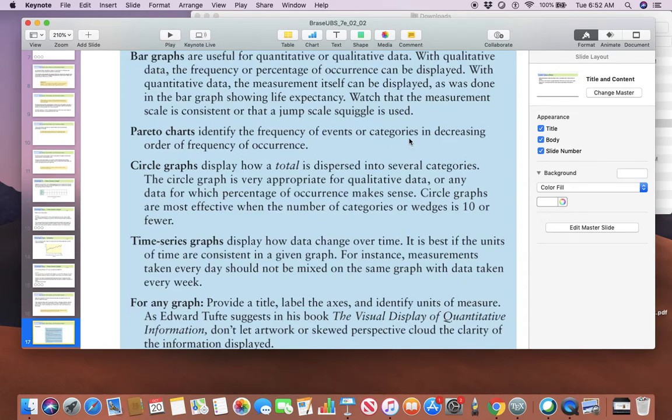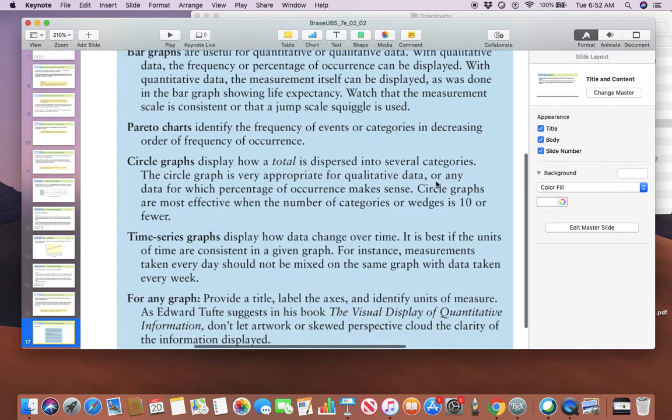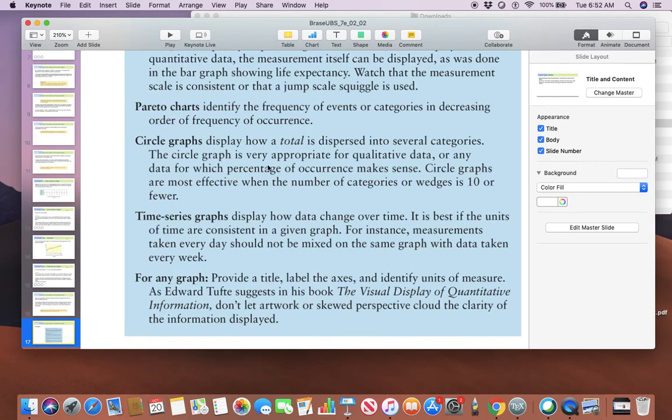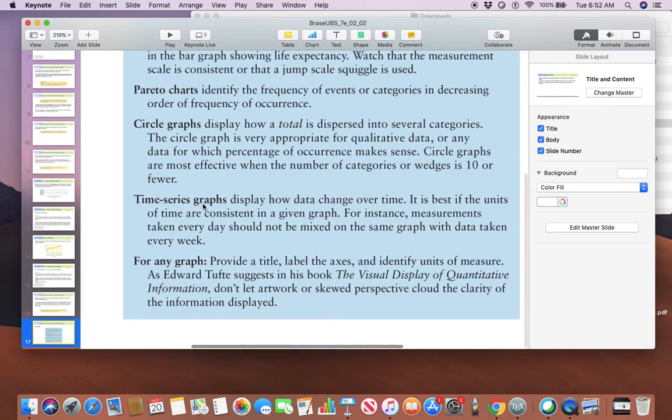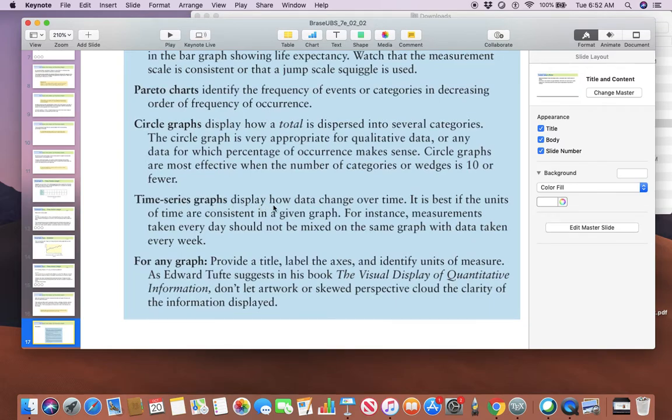Circle graphs display how a total is dispersed into several categories. A circle graph is very appropriate for qualitative data or any data for which percentage of occurrence makes sense. Circle graphs are most effective when the number of categories or wedges is 10 or fewer. Time series graphs display how data change over time.